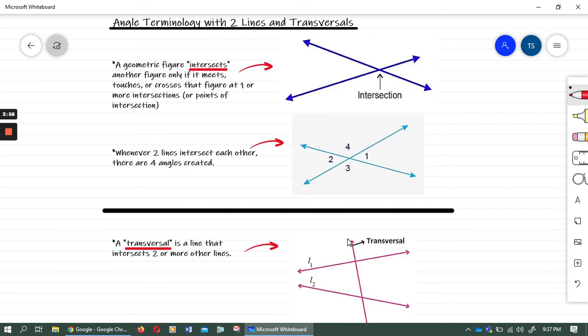In this diagram, just two lines are being intersected by the transversal, but it could be more than two lines.